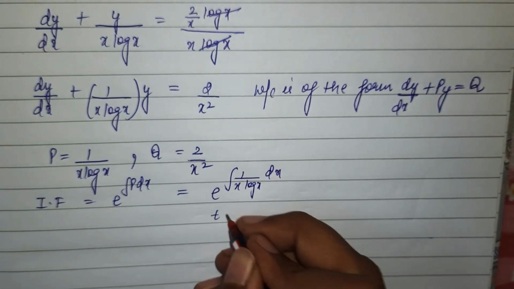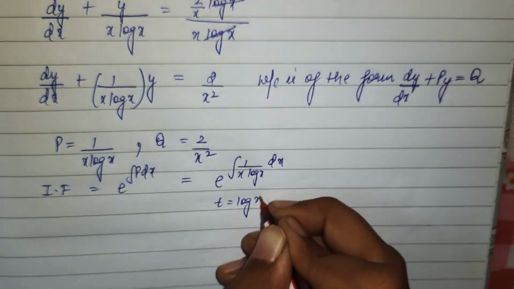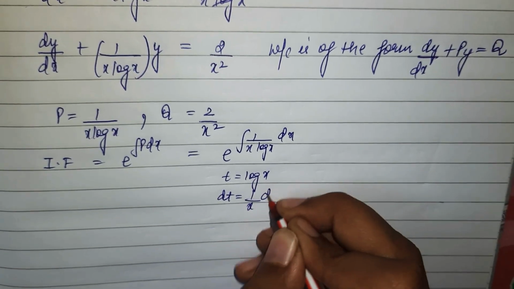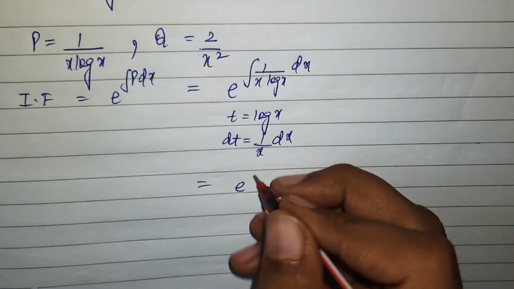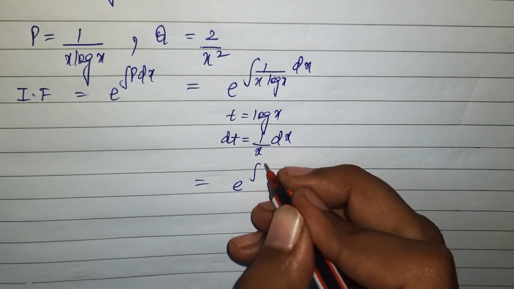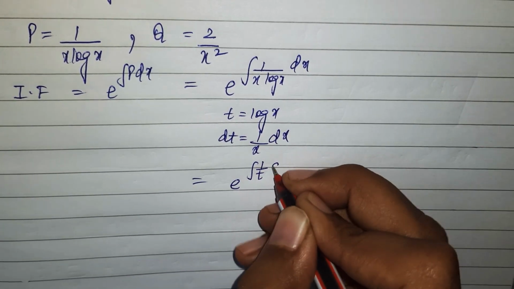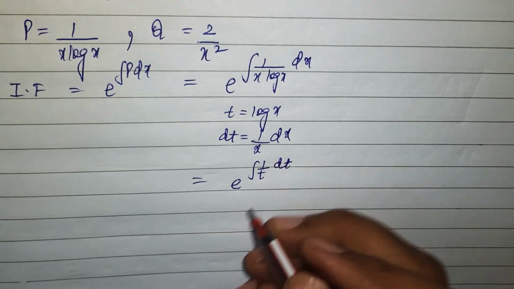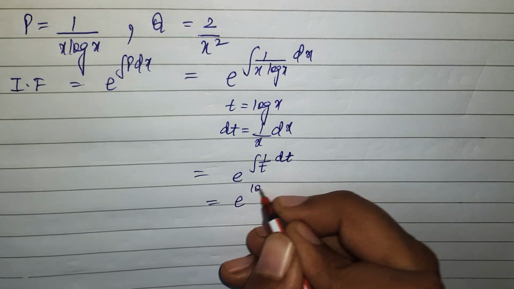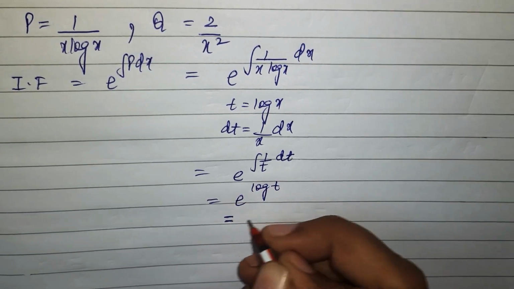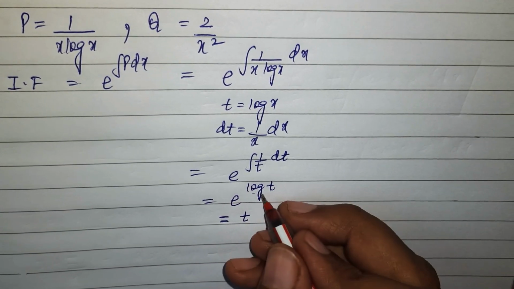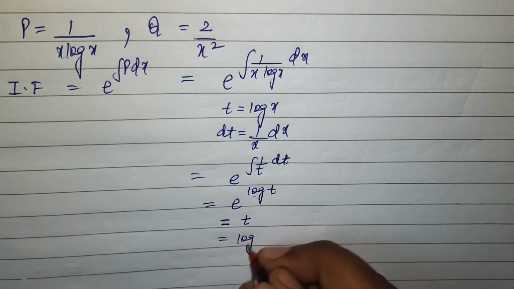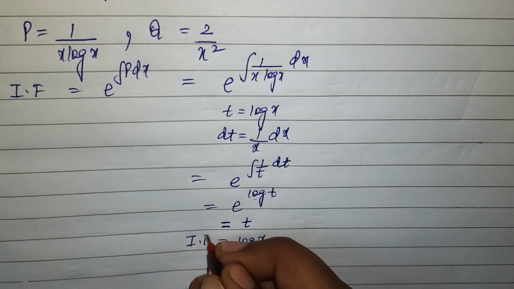So take t as log x, dt is 1 upon x dx. So I am getting e raised to the power 1 upon t dt, which is e raised to the power log t. So the final answer is t, and t is log x. So this is your integrating factor.